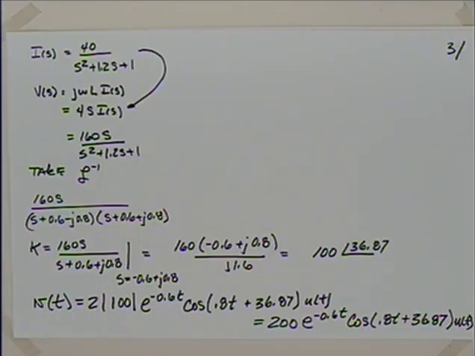So with that, let me double check that. 200 e to the minus 0.6t times cosine of 0.8t plus 36.87 u of t. Yeah, I think that is good.